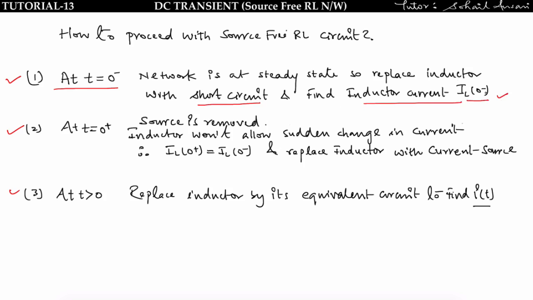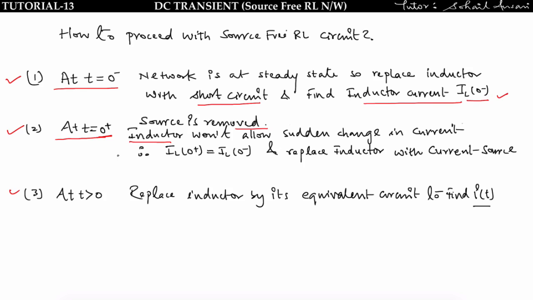We have already discussed why the inductor behaves like a short circuit at steady state. After that we make another circuit at t equal to 0 plus, at which the source has been removed, meaning the inductor has maximum energy stored in it and won't allow a sudden change in current.